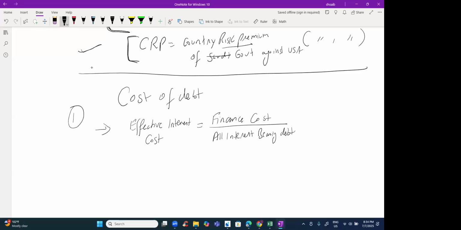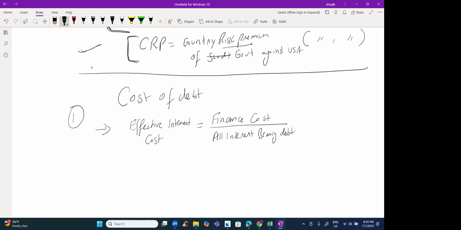Go to the financial statement of the company, calculate the finance cost. It is given in the income statement, right? And identify all interest bearing debt. So what is the meaning of interest bearing debt? Bank loans, leases, short term liabilities where you are paying interest.